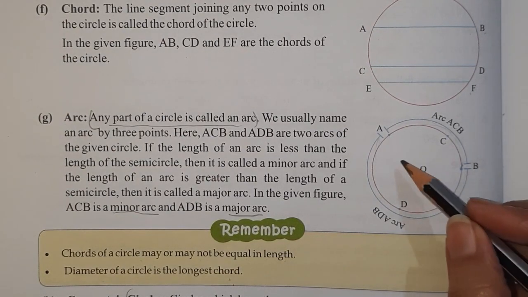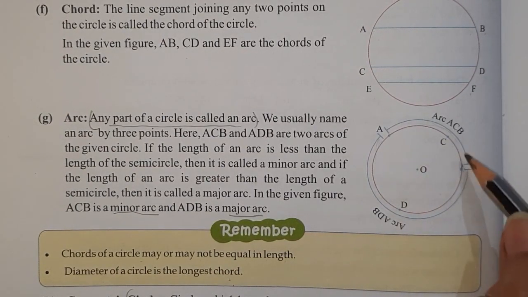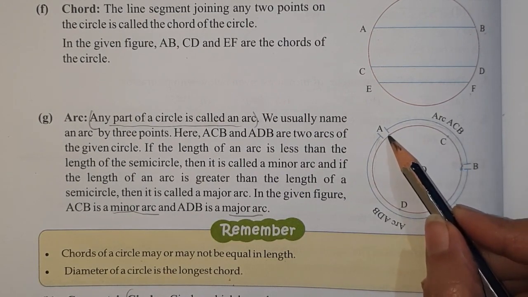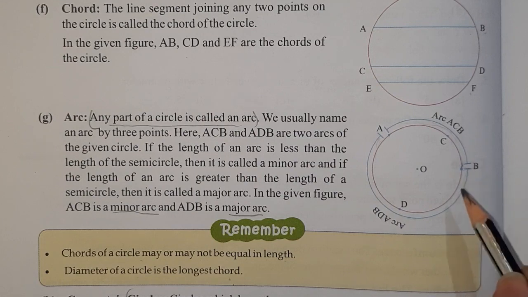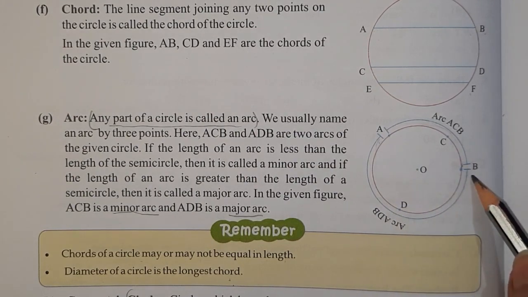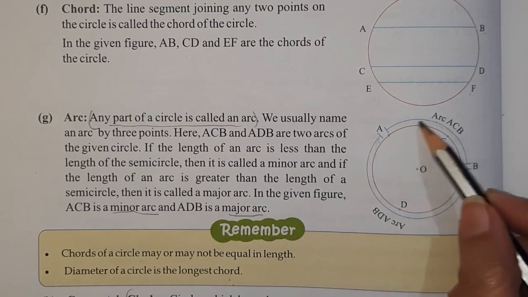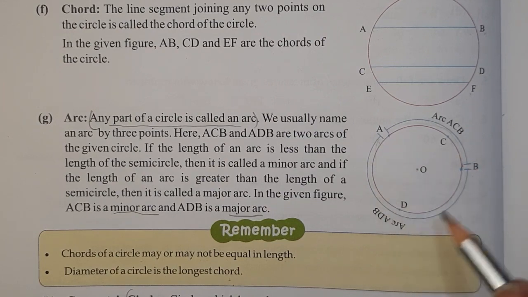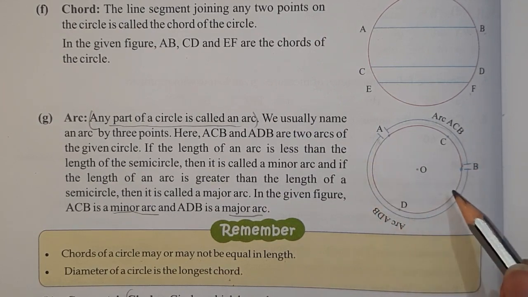Arc. Any part of the circle is known as arc. Circle का कोई भी एक टुकड़ा, like arc ACB, arc ADB. These smaller arc is known as minor arc, and this is the bigger one. It is known as major arc.